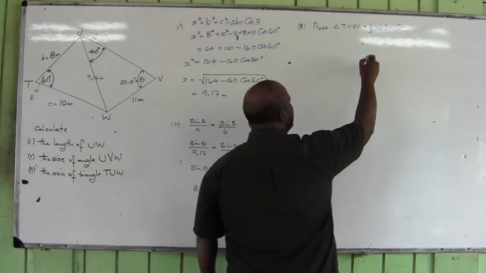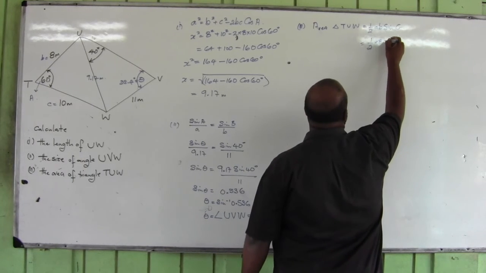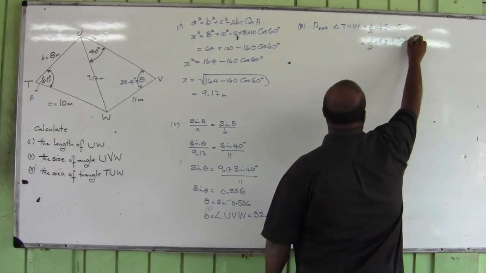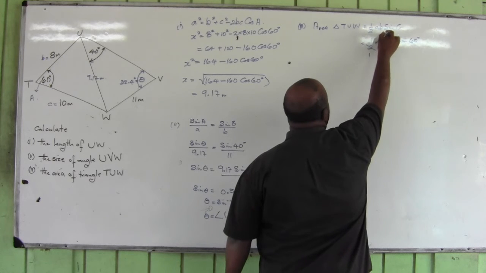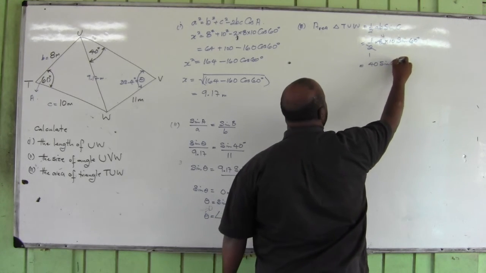So this is a half. The two sides are what? 8 and 10. And the sine of the angle is what? 60 degrees. 2 into this goes 1, into this goes 4. This is 40 sine 60.